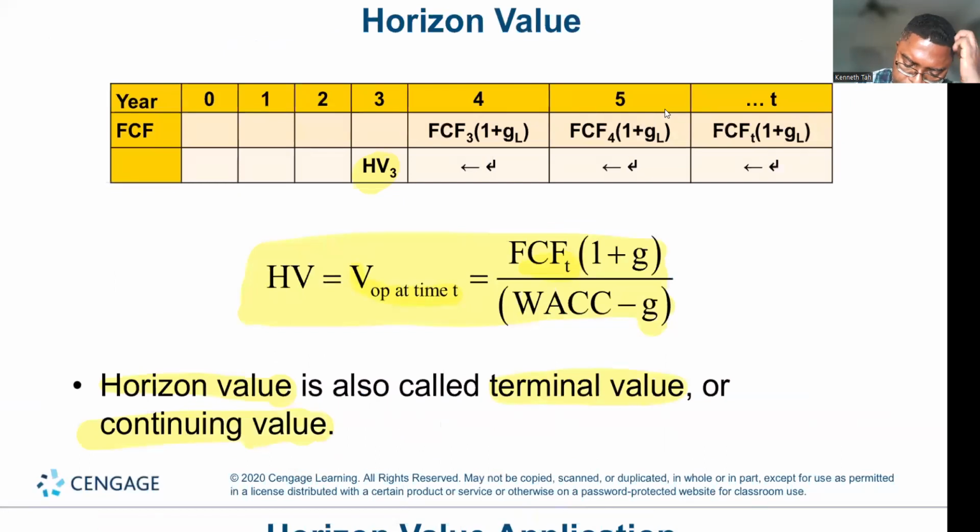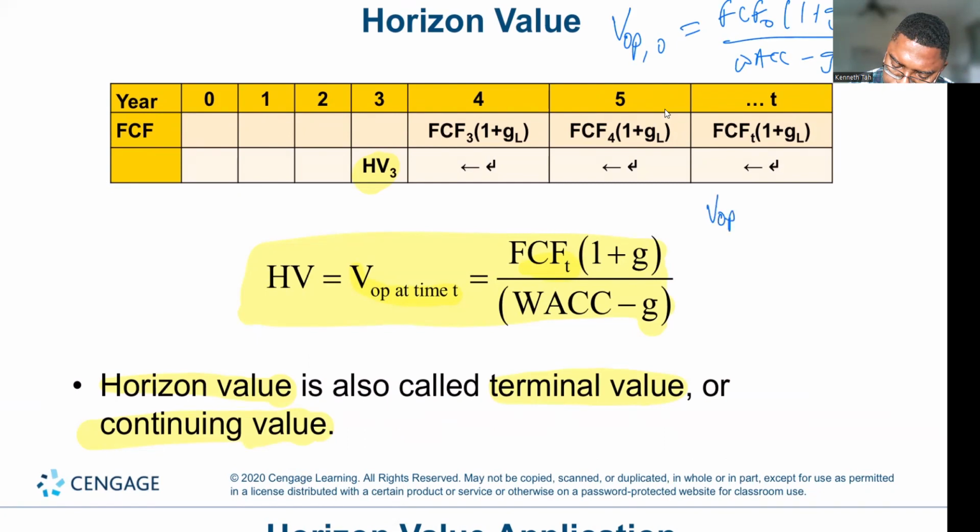So for us to do that, if we follow our knowledge from before, we said the value of operation at time 0 is going to be the free cash flow at time 0, 1 plus g divided by WACC minus g. So now the value of operation at period 3 is going to be the free cash flow year 3.